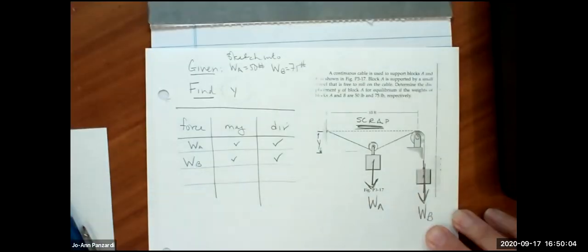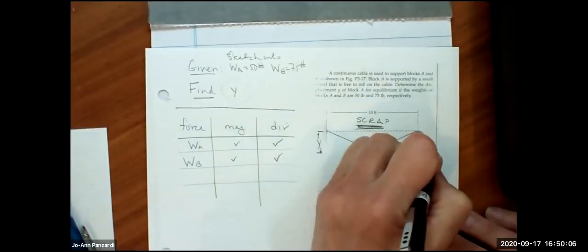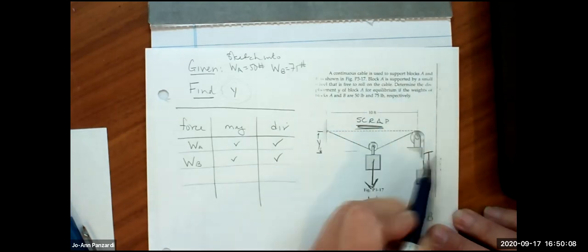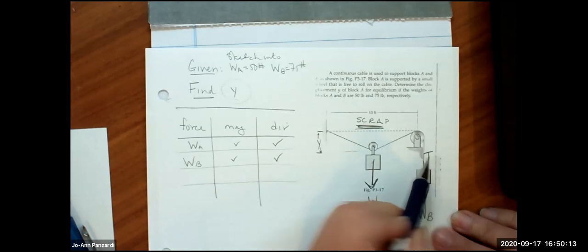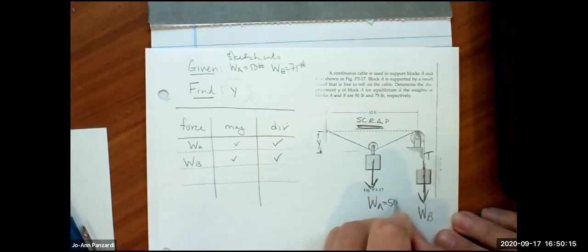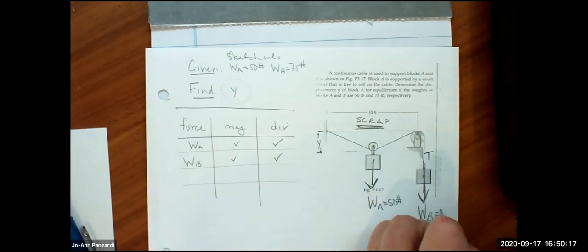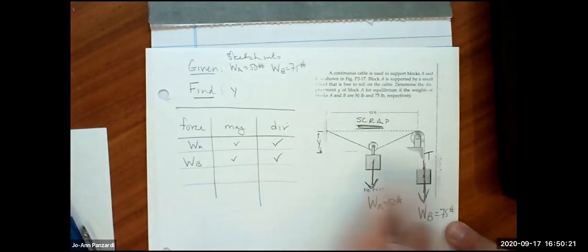So you would still include the tension from A to B? Is that correct? Okay, so let's talk about the tension now. Mackenzie, let me write 50 pounds and let me write 75 pounds. I always like to write the numbers on the picture so that I remember that I know the magnitudes.